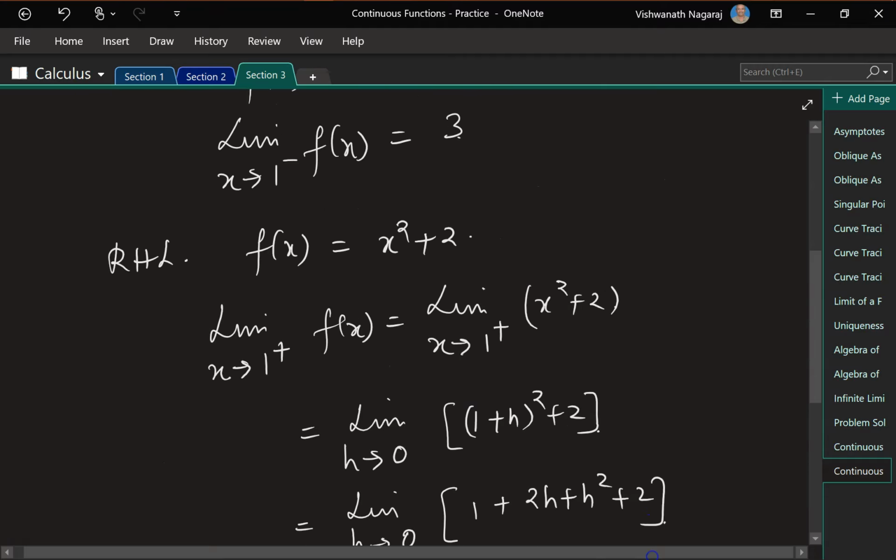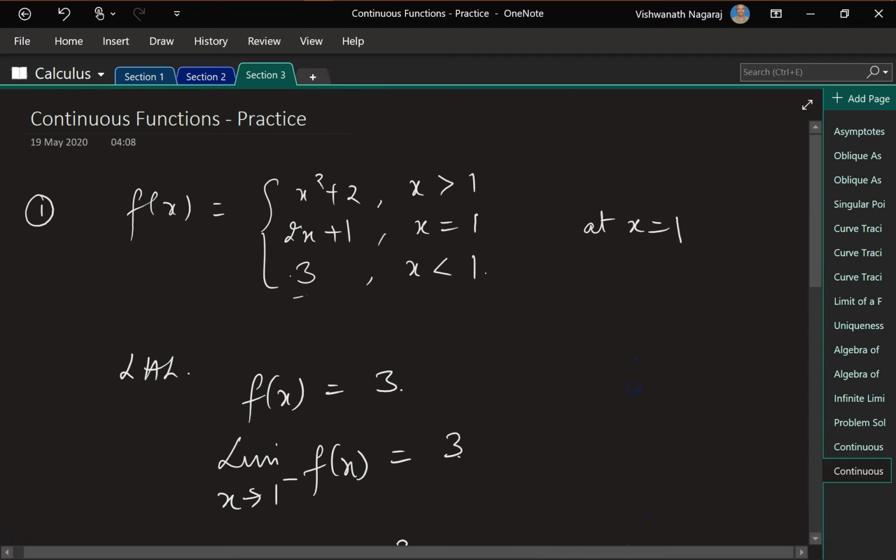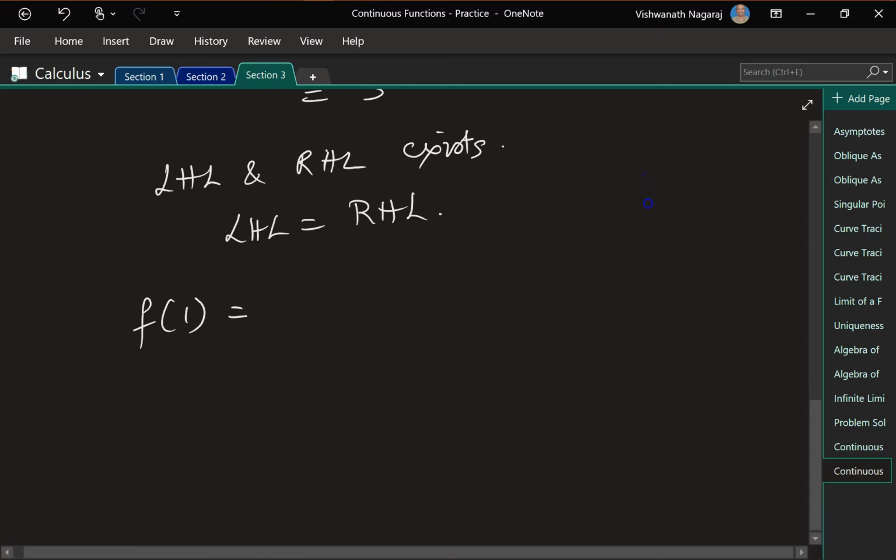Now when x is equal to 1, the function is 2x plus 1. So f of x is equal to 2x plus 1. That means f of 1 is equal to 2 times 1 plus 1, which is 3.